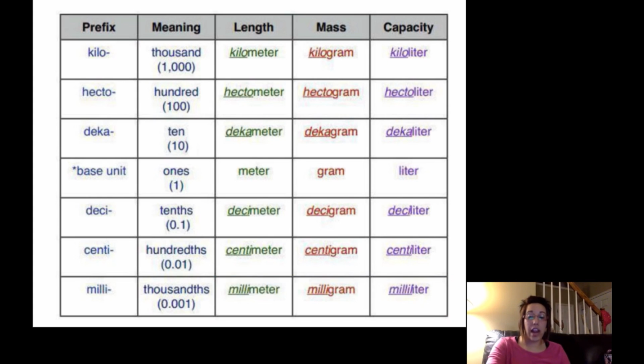So there are 1,000 millimeters in a meter. There are 1,000 milligrams in a gram, and 1,000 milliliters in a liter. So take a moment to get this chart completely filled out and then come back and press play, and we'll talk about what this means for converting between units.